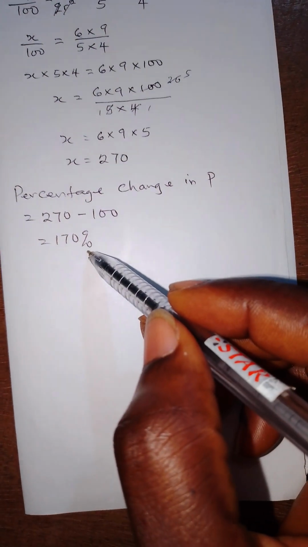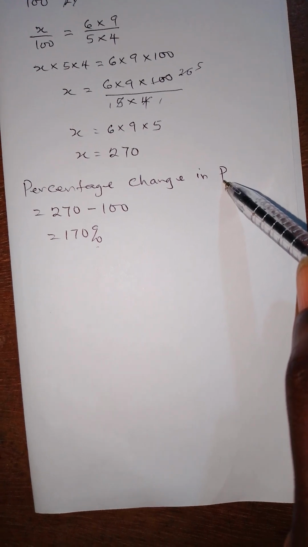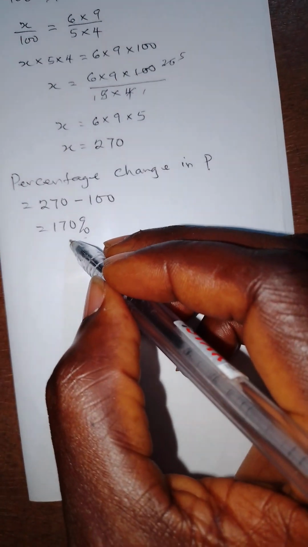So 170% is going to be the increment in P. So this is the answer.